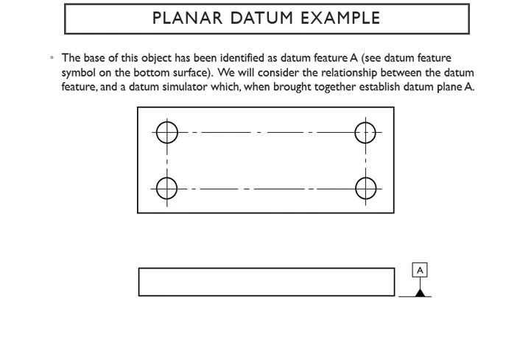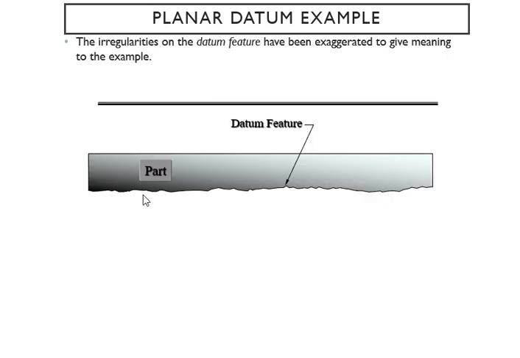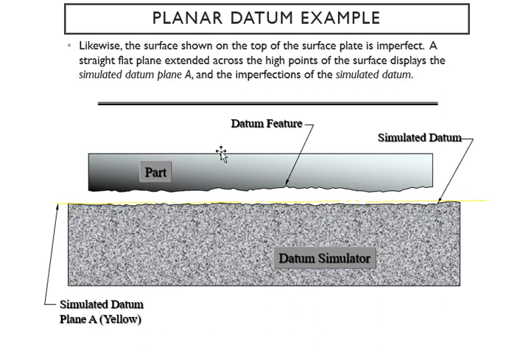So of course we can look at that, and this is our part, and here is your datum feature. Then we're going to take a look at this datum simulator. This is your simulated datum. This is our datum feature, and here is the simulated datum plane A, the one that we just saw.